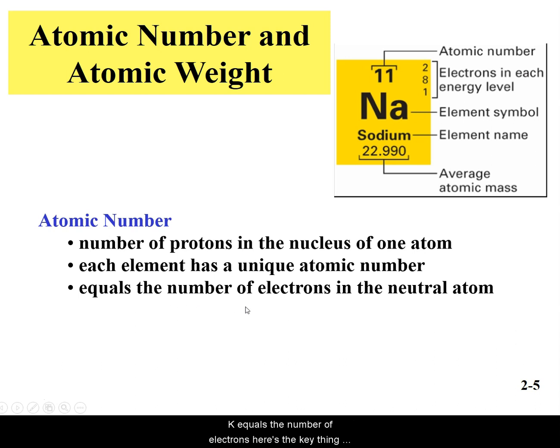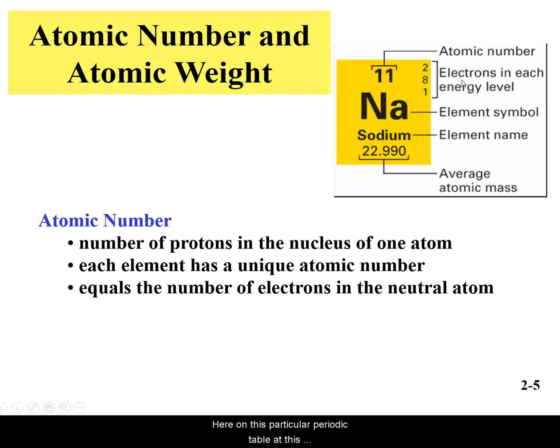Okay, it equals the number of electrons. Here's the key thing here, in a neutral atom. Remember, in a neutral atom, you'll have an equal number of protons and electrons. So in the nucleus of the atom would be 11 protons, and in orbit, remember we talked about the energy levels, the shells.